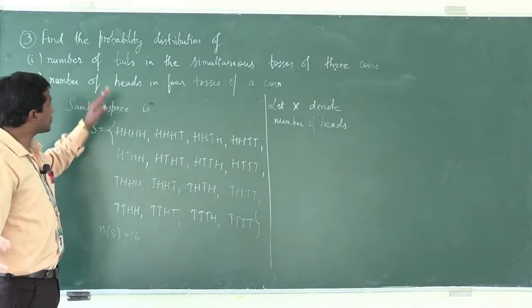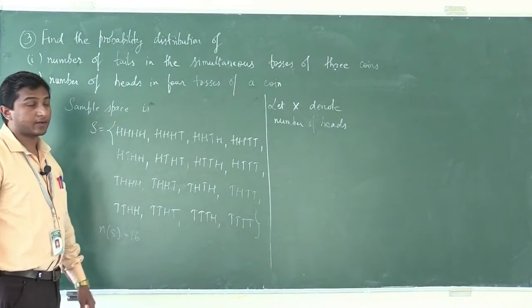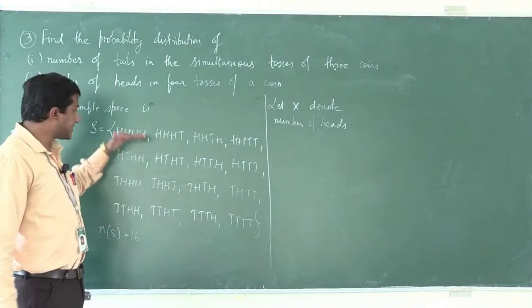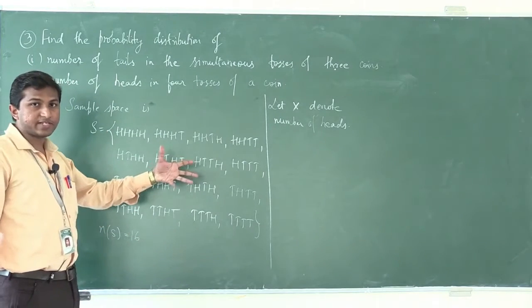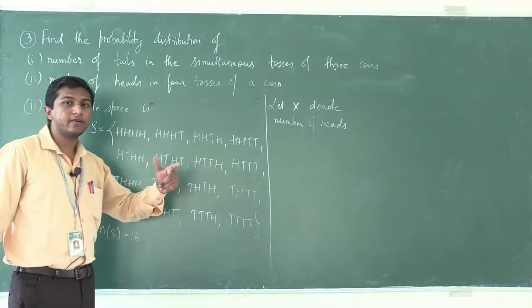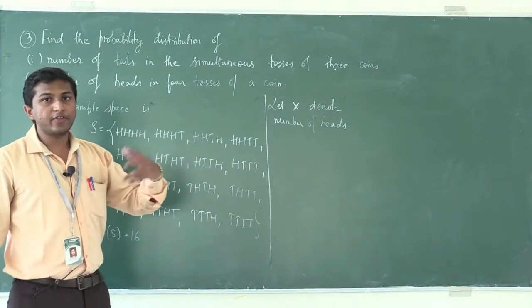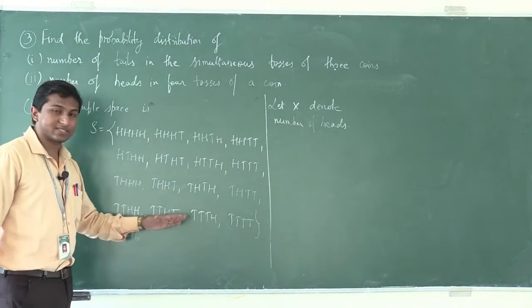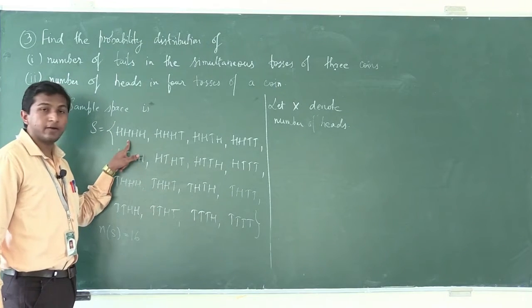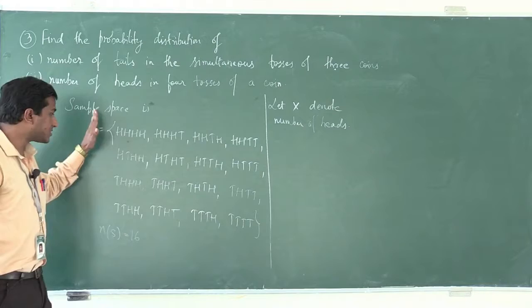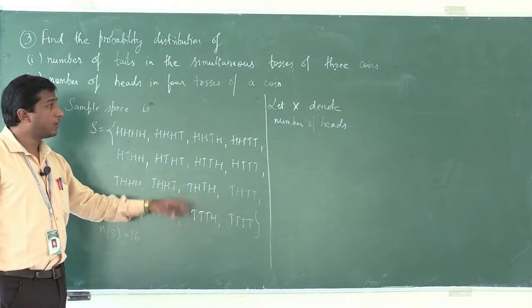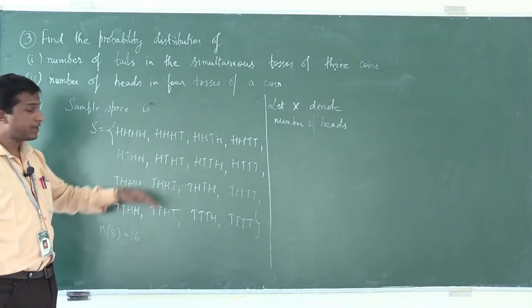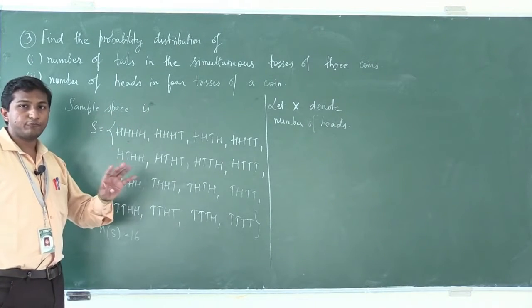So what are the possible values that X can take? X denotes number of heads. Number of heads can be 0, right? Then I can have exactly 1 head. Then 2 heads. After that 3 heads. At the most, I can only have 4 heads. So in this random experiment of tossing 4 coins, at the max I can have 4 heads.